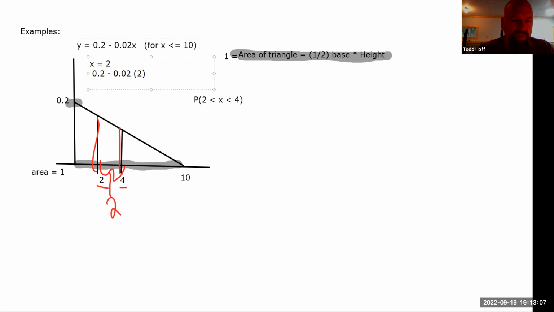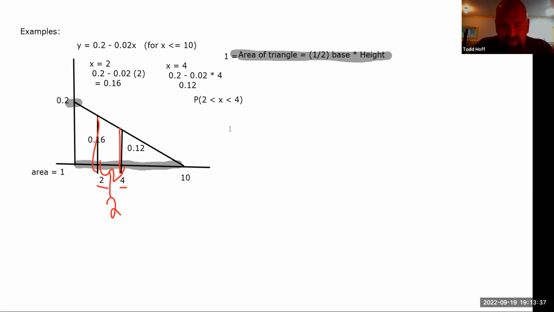So 0.2 minus 0.04, that's 0.16 is that height. So we get this right here is 0.16. At 4, it's 0.2 minus 0.02 times 4, which is 0.12. So this height is 0.12.